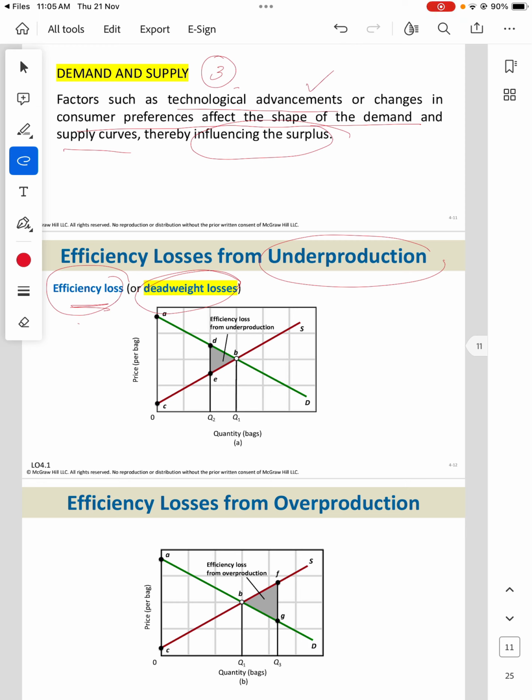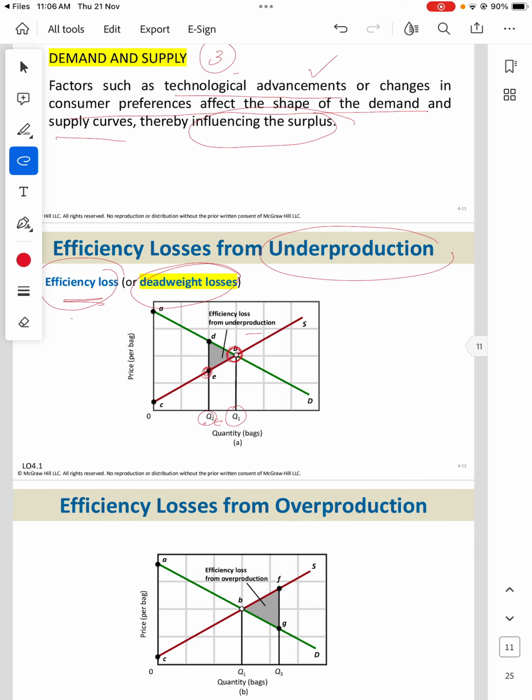Instead of producing at equilibrium Q1, the producer is under producing at Q2. The demand is high, but we can only produce this quantity, so we consider it under production.